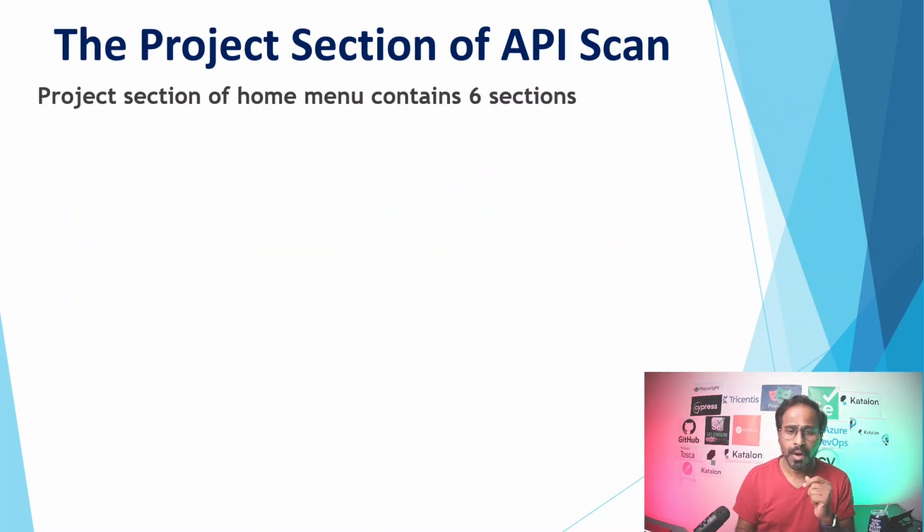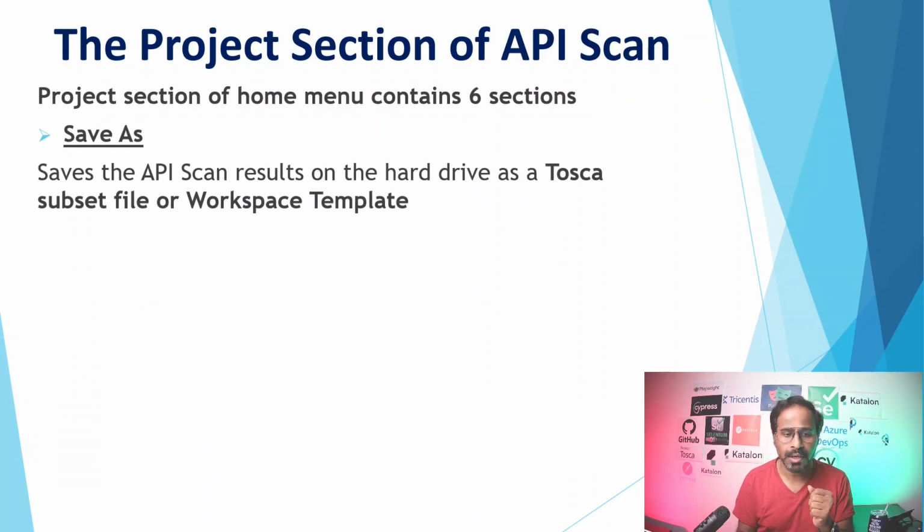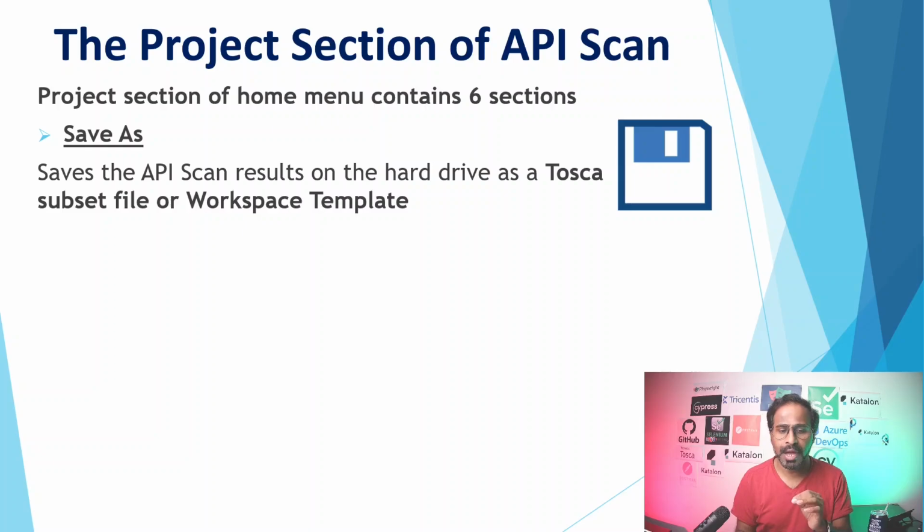Now the project section of API scan. The project section of the home menu contains 6 sections. What are those? You will find the save as function, which saves the API scan results on the hard drive as a Tosca subset file or workspace template.